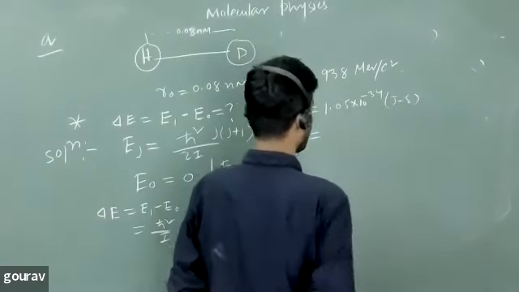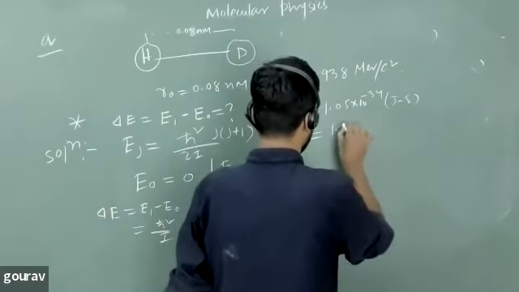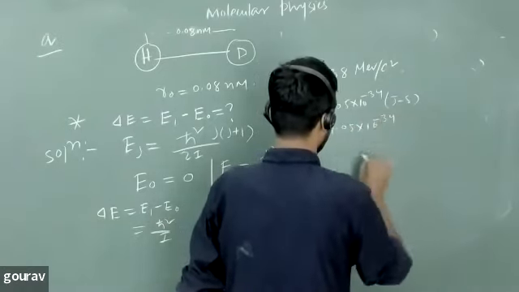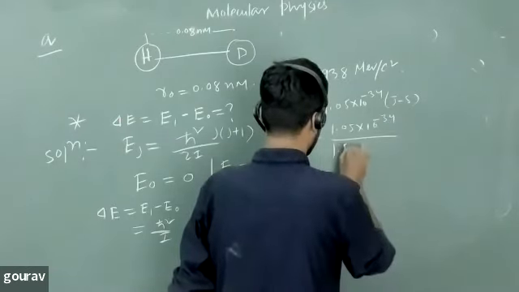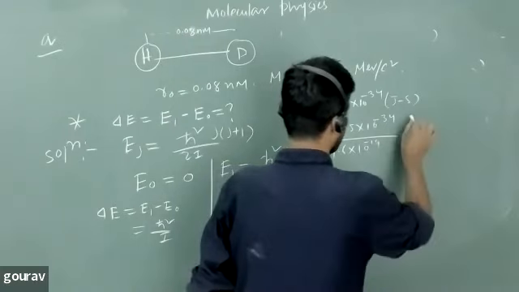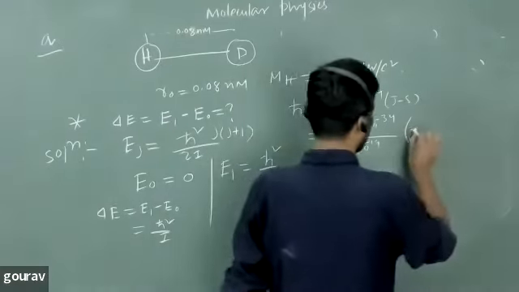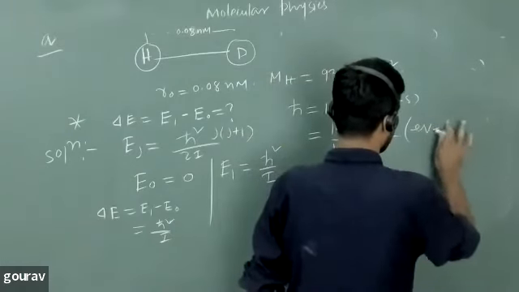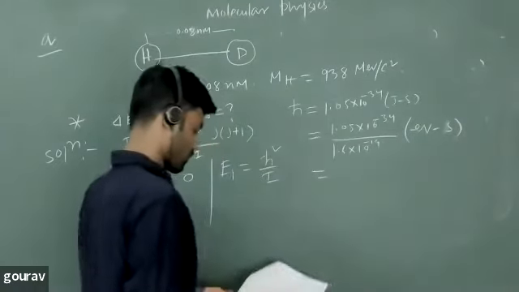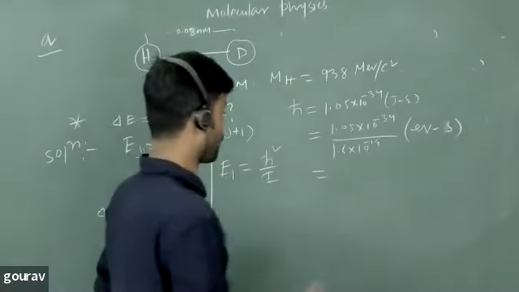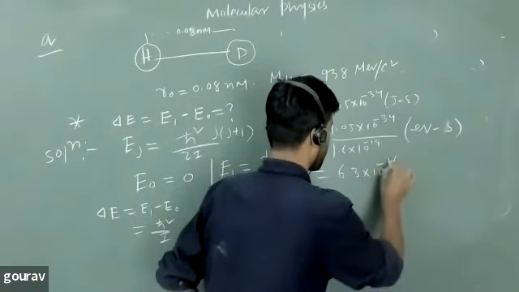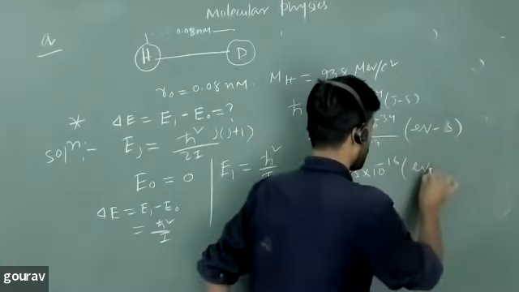Now if you divide it by 1.6 into 10 to the power minus 19, the joule will be converted to electron volt, and second will be as it is. So this number, if you calculate, will be 6.3 into 10 to the power minus 16 electron volt second.